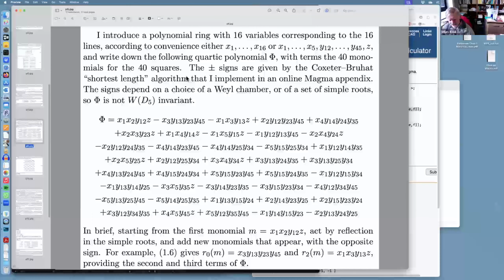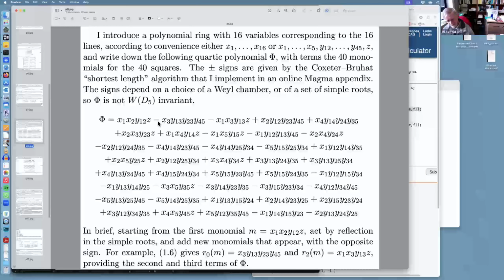And each of these can be written as a shortest length word. So you might run around the Cayley graph of the group to get from one element to another. And then there's a shortest element.